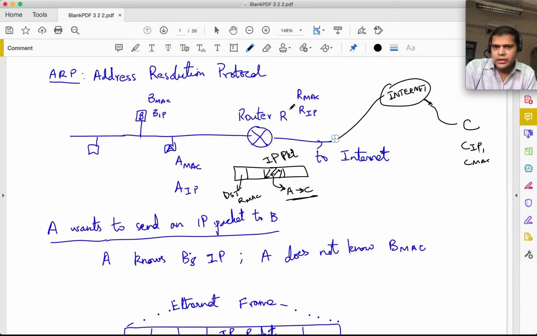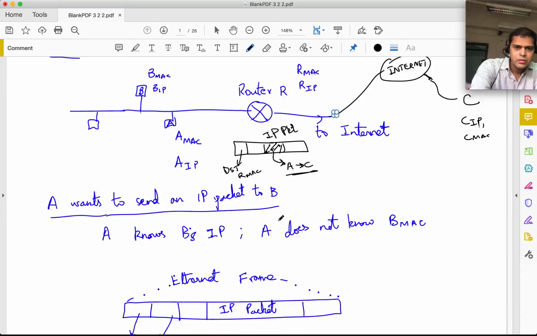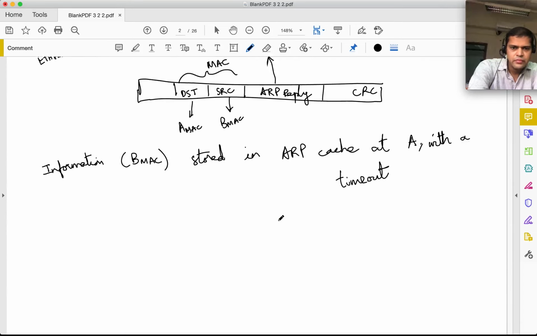If it is not, then he should create an Ethernet frame which is destined for R over here, and he should send the IP packet in that particular frame. Now the question is, how does he know the MAC address of R? Okay, this becomes an issue. So let's think about it for a moment.